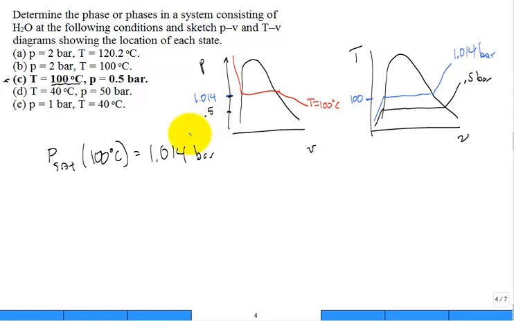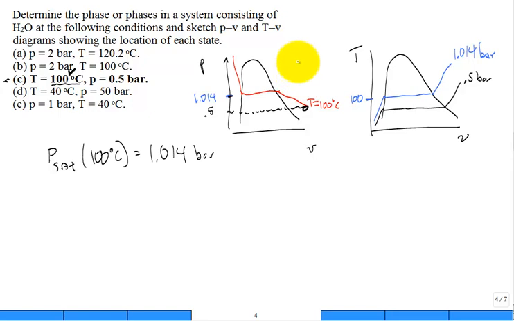Sure. So now you say, I know that I'm on a PV diagram, I'm on the red line of 100 degrees C, so I'm somewhere there, I'm at a pressure of 0.5. The only place these two intersect is, and that didn't draw it that well, out here. You come across at 0.5 and you're on a line of 100 degrees C.